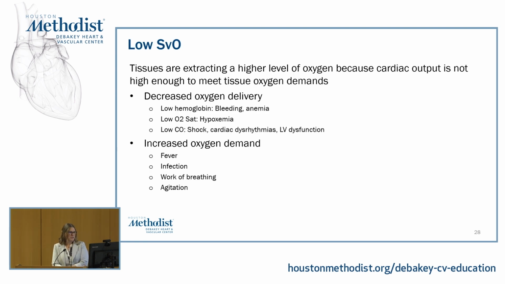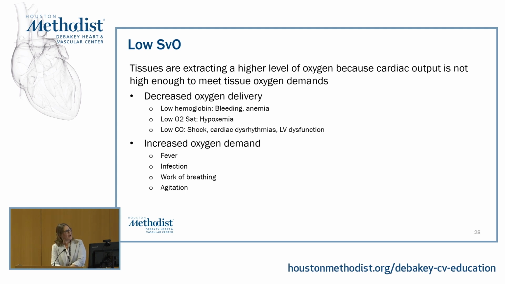So low SvO2, tissues are extracting a higher level of oxygen because cardiac output is not high enough to meet the tissue oxygen demands. If you have decreased oxygen delivery, that means that you don't have enough oxygen in your system, either due to low hemoglobin from bleeding or anemia, low O2 sat from hypoxemia, or low cardiac output from shock, cardiac dysrhythmias, or left ventricular dysfunction.